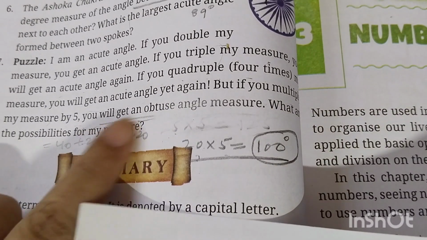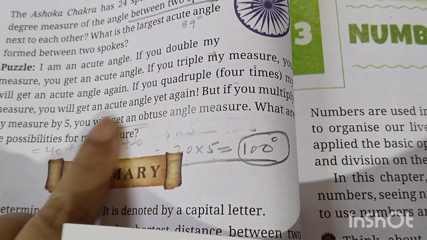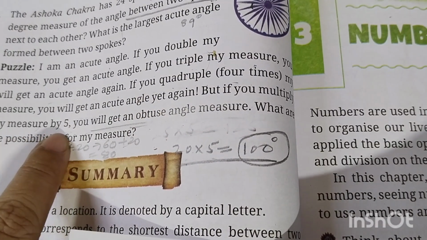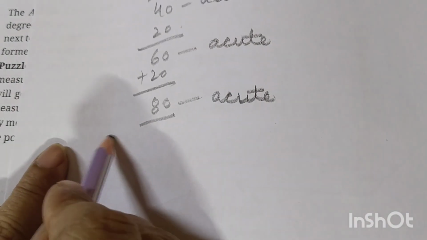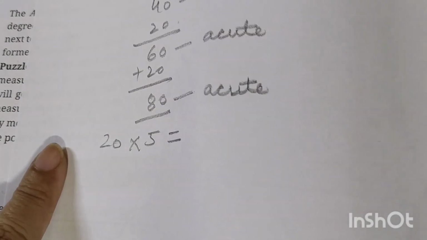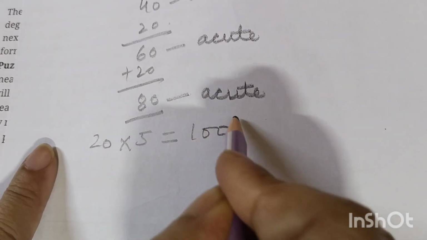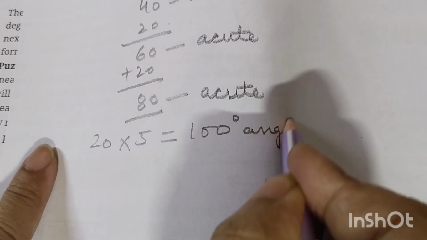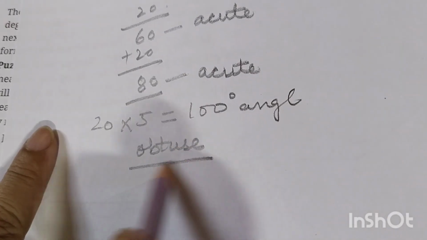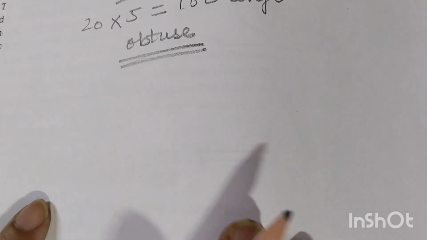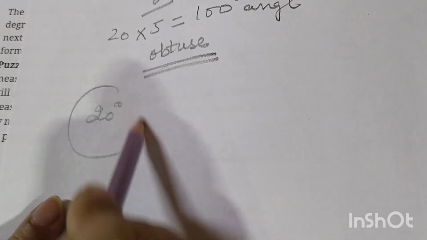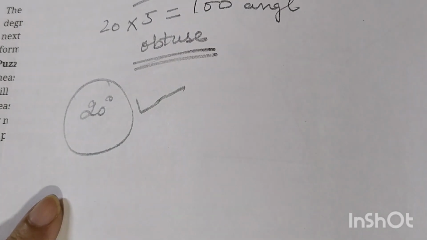But if you multiply my measure by 5, then you are getting 100 degree angle, which is obtuse. Right? So what is the answer? My measure is 20 degree. Okay.